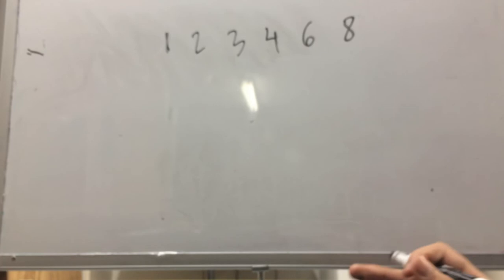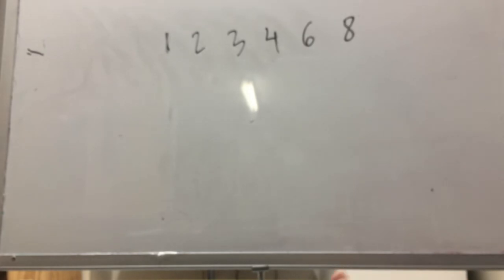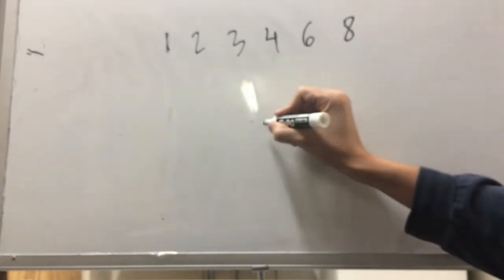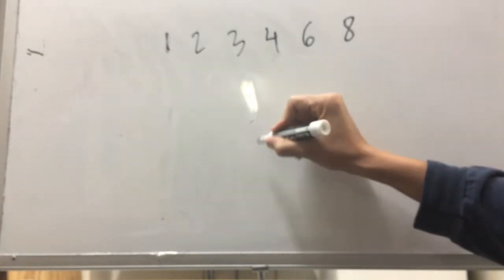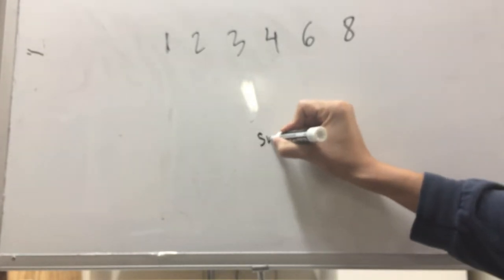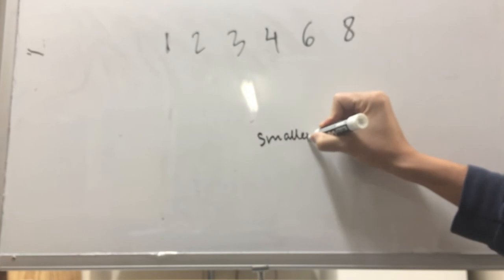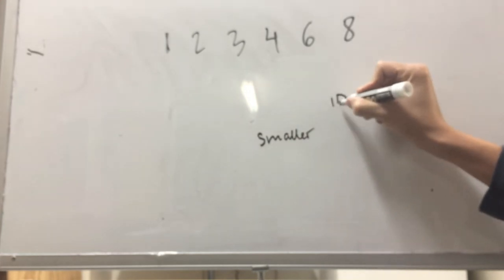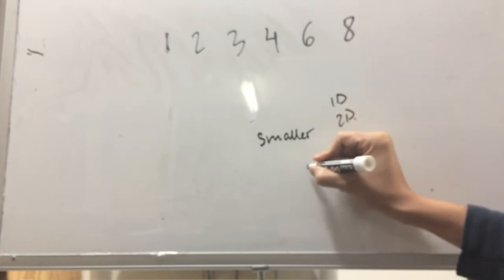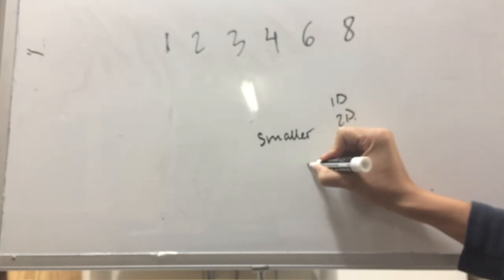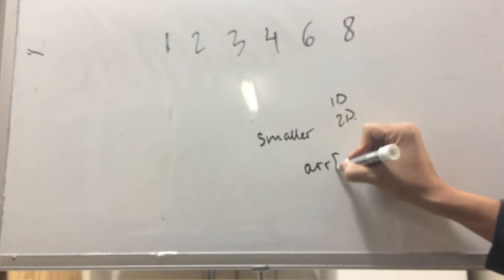In bottom-up, usually you are trying to come up with a solution to smaller inputs, and then use that solution from smaller inputs, store it somewhere in a 1D or 2D array.